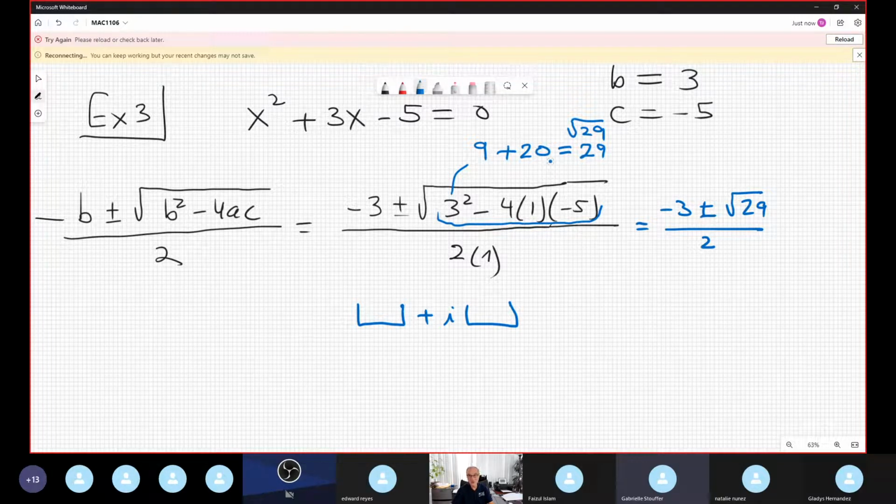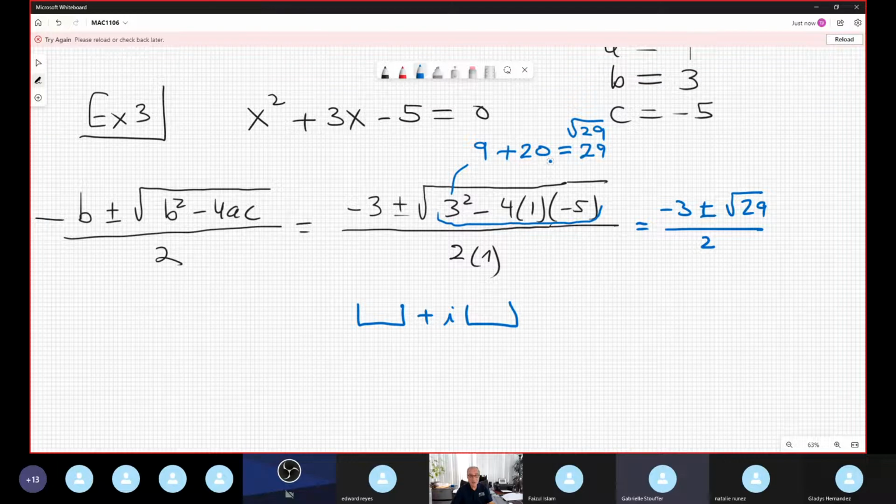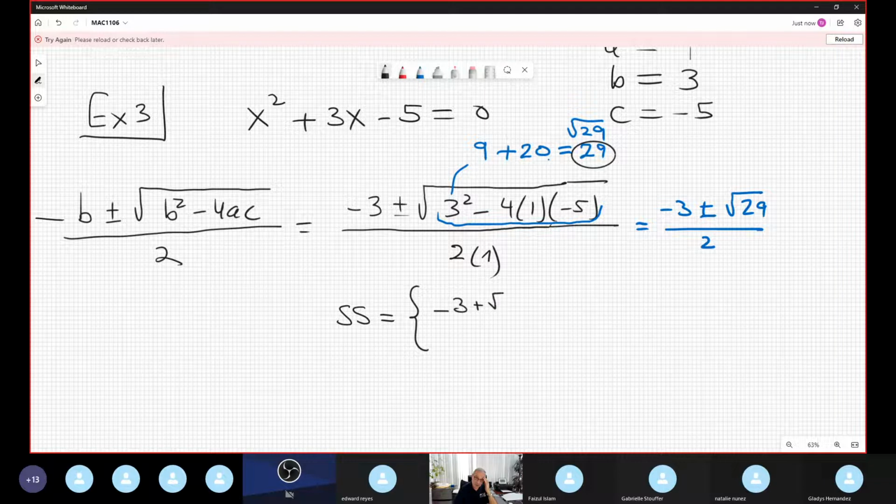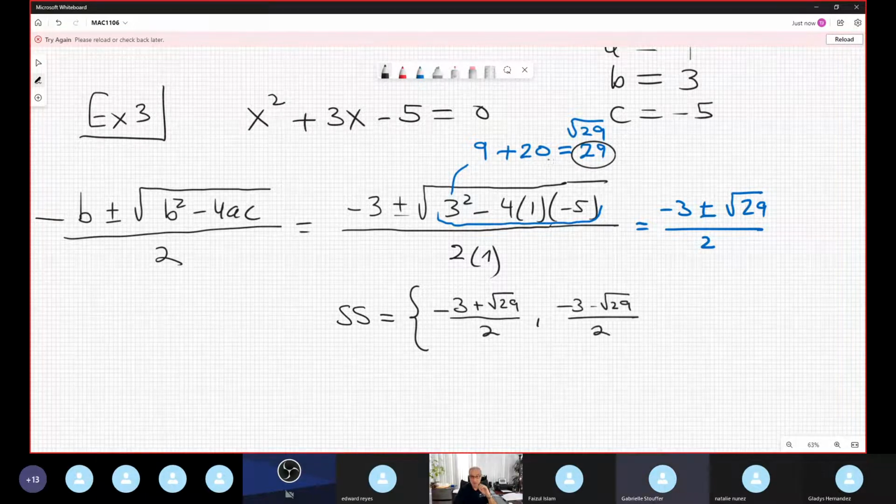You can separate if you want, but it's not strictly necessary. The solution set is two real solutions, because when I compute the discriminant, the answer was 29. 29 is positive, so we expect real solutions. Minus 3 plus radical 29 over 2, comma, minus 3 minus radical 29 over 2.